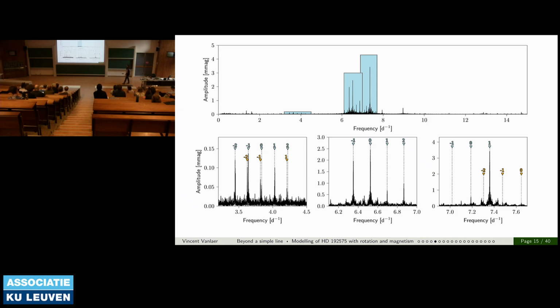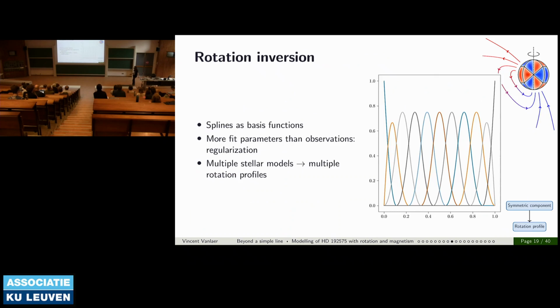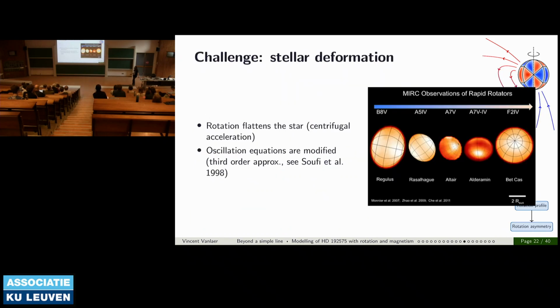One other thing that is also missing is the coupling between the different values of l. That would also be interesting to add, but it's part of the same solution. If you solve this with a 2D oscillation code, you typically already get the couplings between the different degrees of l. So that would be interesting.